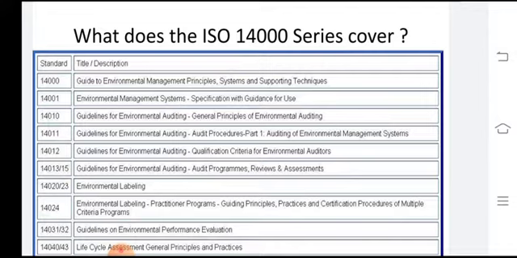So all these are the guidelines which are required to achieve a certificate for the relevant nomenclature: 14011, 14012, 14010, anything which is required. The more certifications, the more reliable the organization and its environmental performance become.